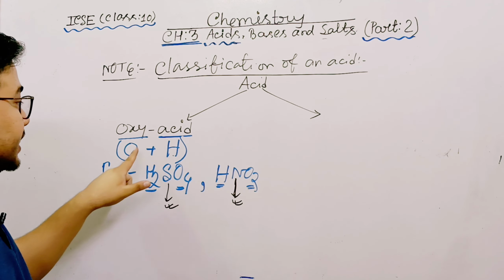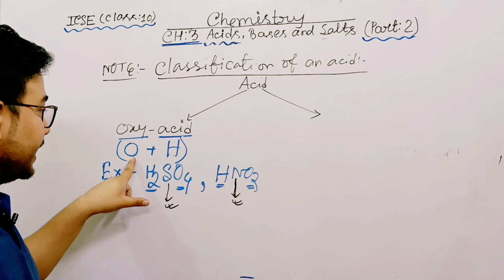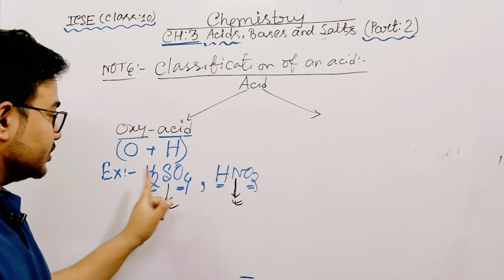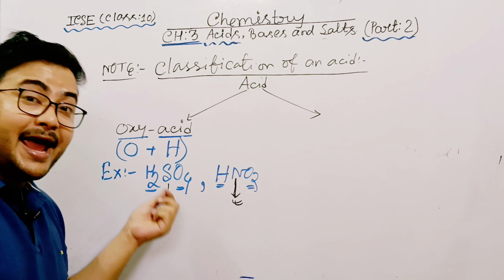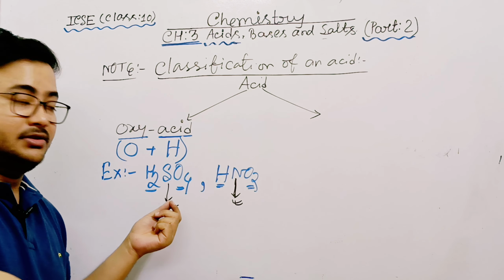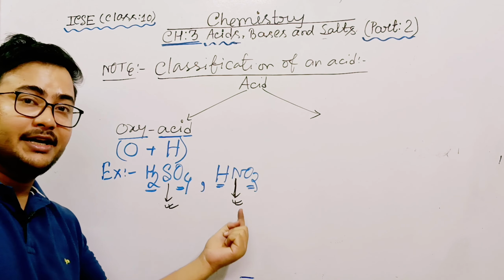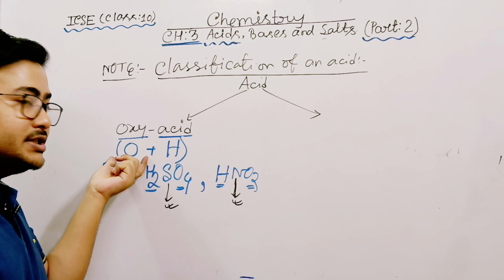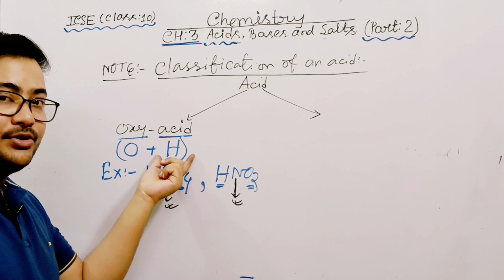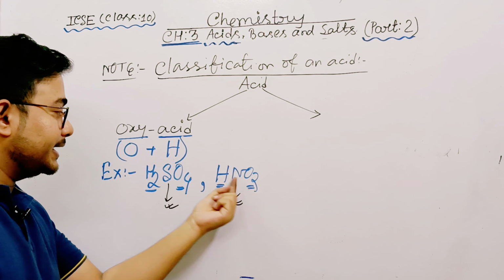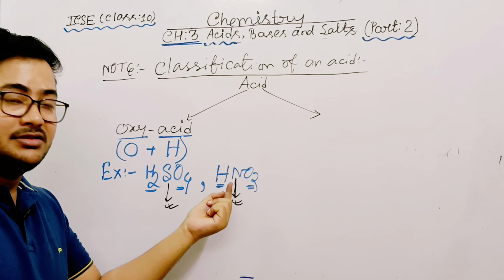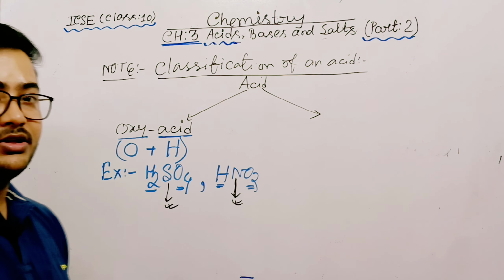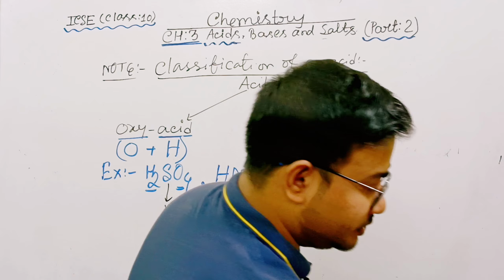An acid which contains oxygen along with hydrogen, and other elements. Other element means here sulfur, here nitrogen. So an oxy acid is an acid which contains oxygen atom along with the hydrogen and some other element, then this acid is called oxy acid. Done? Okay.